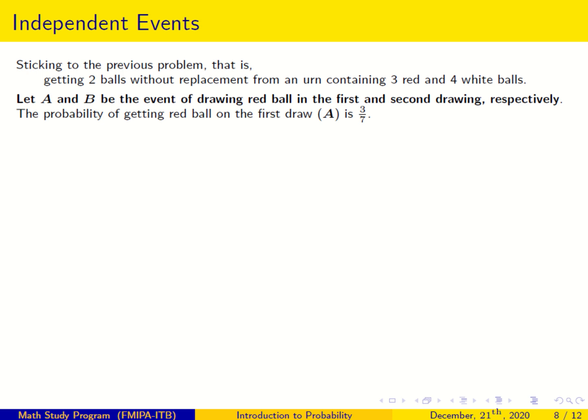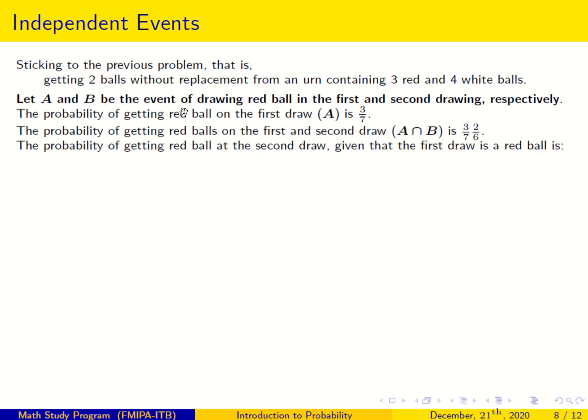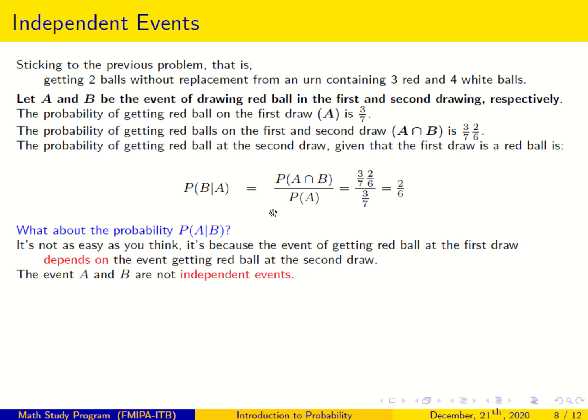We are looking at the same problem, the urn problem. A and B are defined the same. So the probability of the second draw being red, given the first draw is red, is the probability of A intersection B divided by the probability of A. So the question is, what is the probability of A given B?